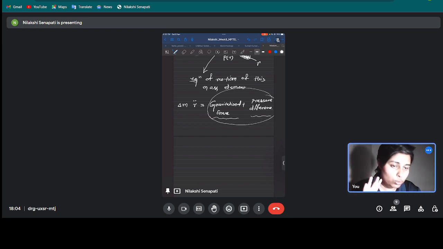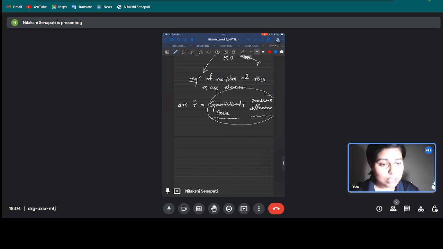Because whatever we do in simple classical mechanics, we consider a system, we find out what is the potential energy, what is the kinetic energy, and we equate that with the total energy. If it is in terms of force, then we write the amount of force that is applied for transferring this to this area, or for the energy that we have lost, what amount of force is applied, and we equate the force with m r double dot.